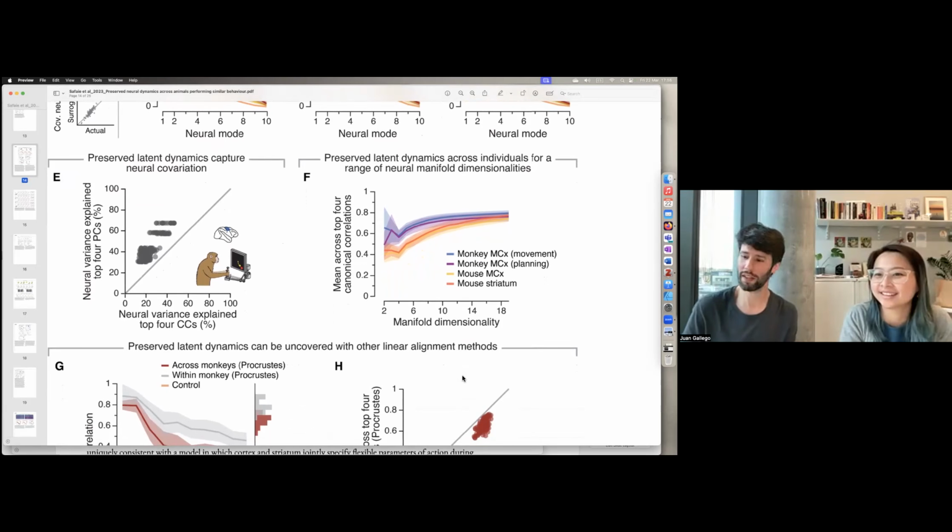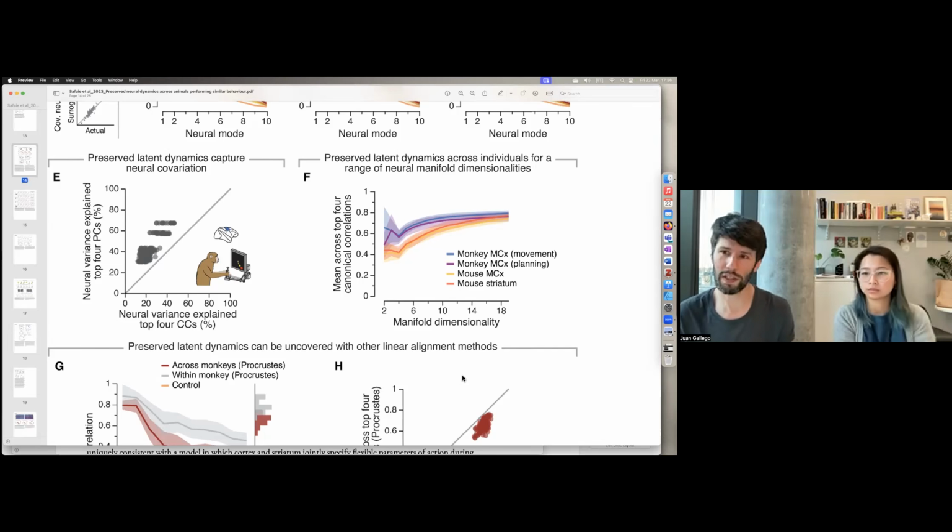No, I think there are two arguments. One may be that in this task, if we believe in simultaneous cortical and subcortical control of movement, which I guess there's evidence for, and I do believe in that personally, maybe mice rely more on the subcortical systems than monkeys. So maybe monkey motor cortex is more tightly linked to the kinematics of the movements than mouse motor cortex is.